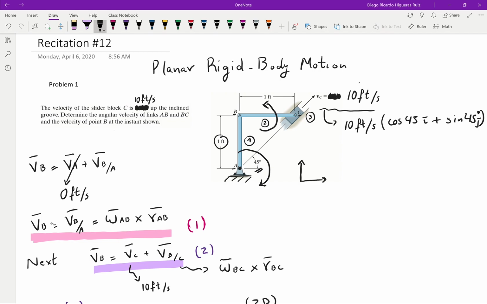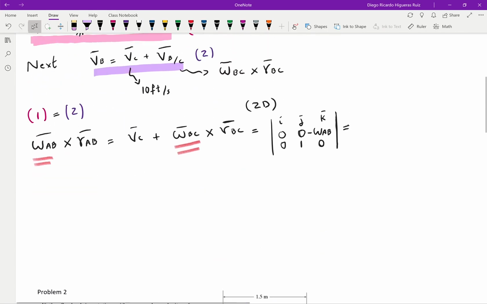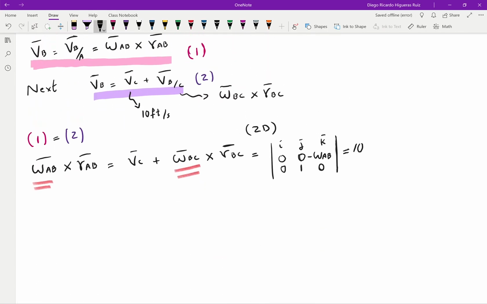This is gonna be my positives: the I, J, and then using our right hand rule, that's gonna be positive moment in the K. Now we have 10 feet per second times cosine of 45 degrees I plus sine 45 degrees J.